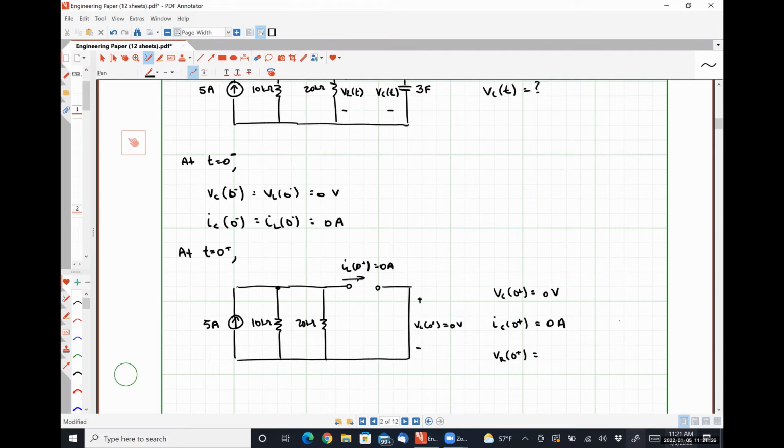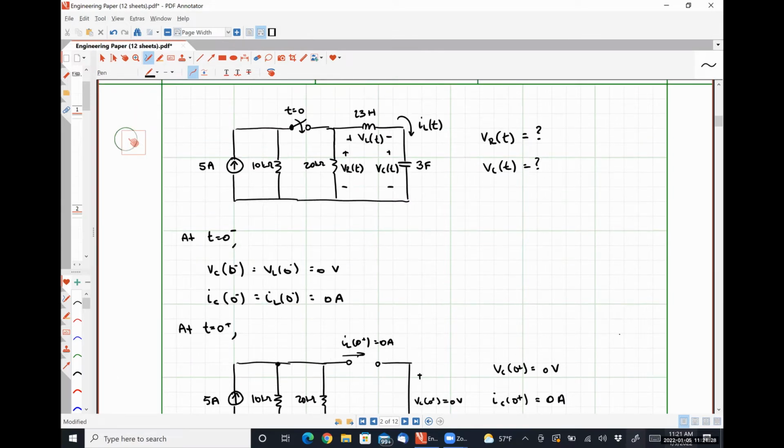Okay, let's scroll up and make sure that we all agree on it. At t equals 0 minus, this switch was opened up, which means that this resistor, this inductor, and this capacitor were not connected to a source at all. So by simple inspection, VC has to be 0, and IL has to be 0. VL would also be 0.